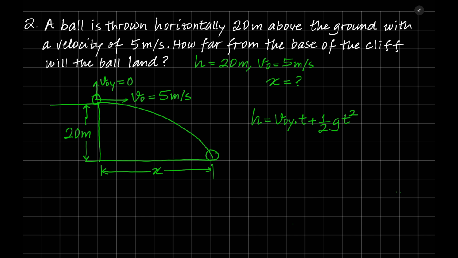The height is negative 20 meters because it's below the reference level, so it will be equal to 0 plus 1 over 2 times acceleration, which is negative 10, times t square.